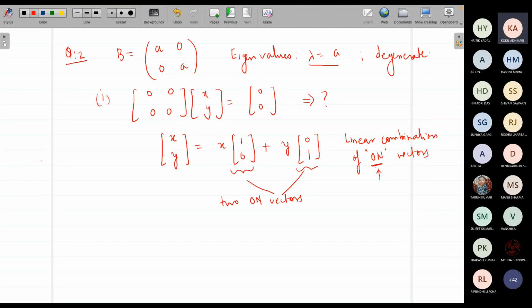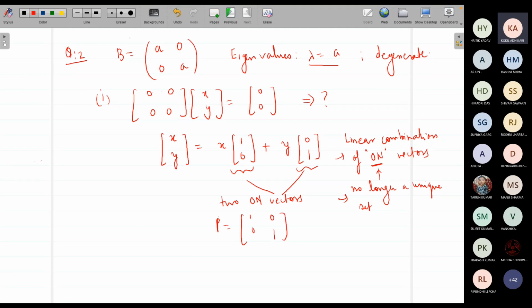No. It's no longer a unique set. In the earlier cases, you were finding unique vectors. In this case, since you are finding a linear combination of orthonormal vectors, there can be many such sets.